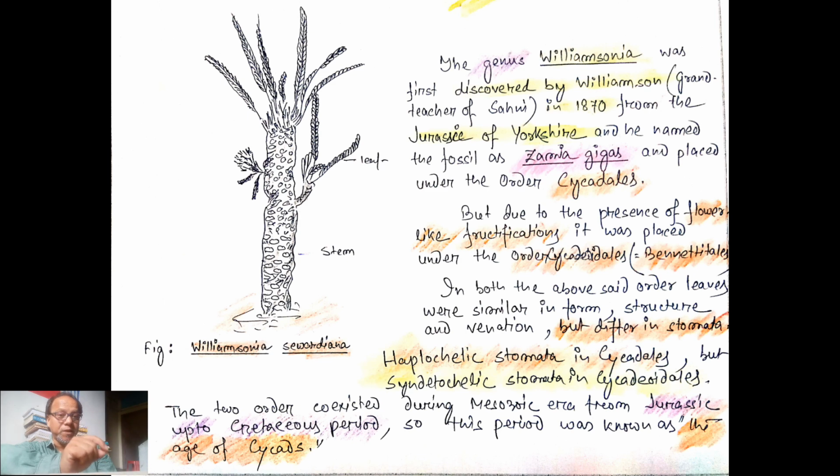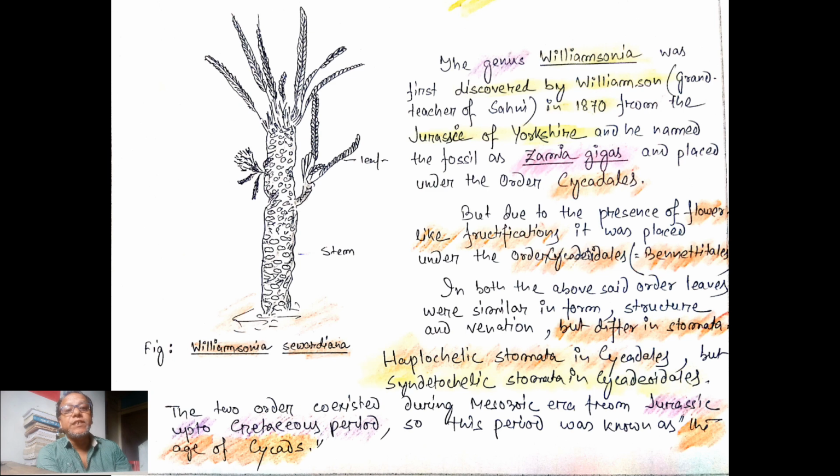And now I am giving you a special point for MCQ. It is that the two orders coexisted during the Mesozoic era, from the Jurassic up to the Cretaceous period. So this period was known as the age of cycads.